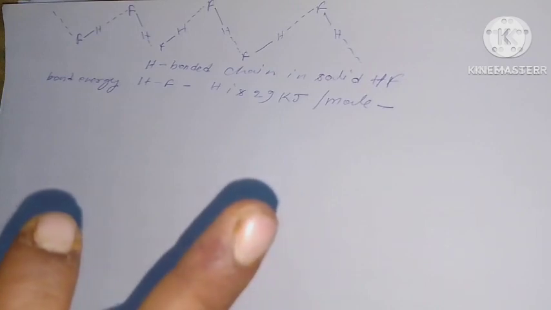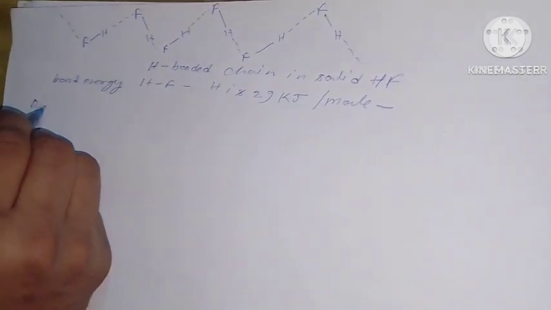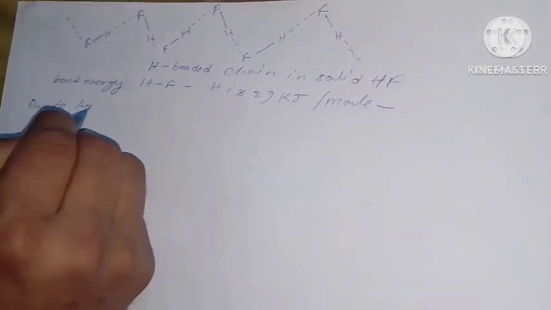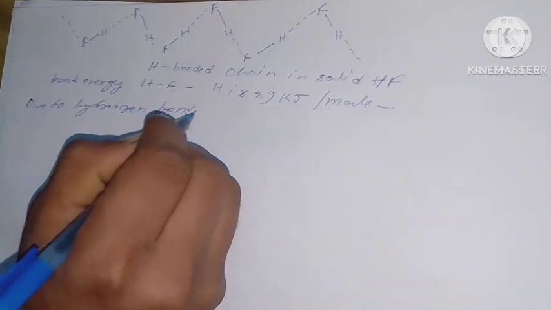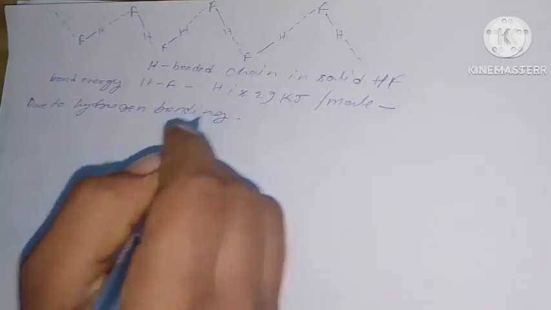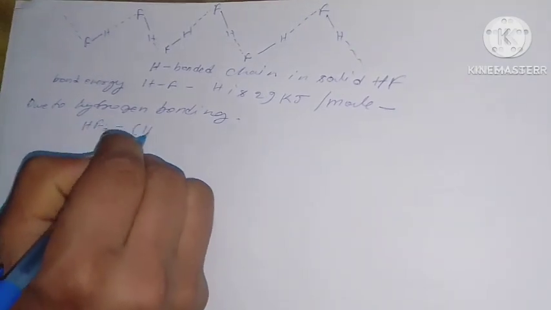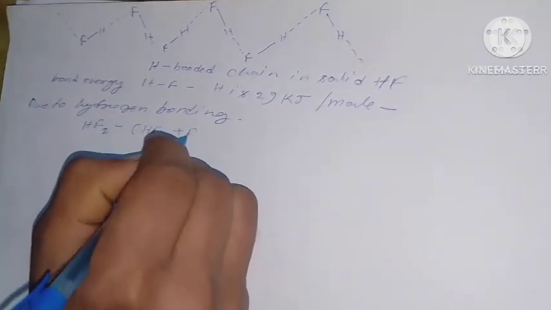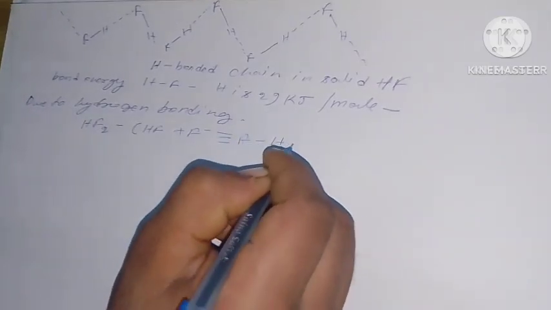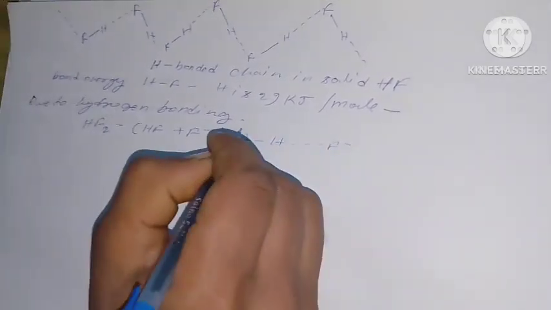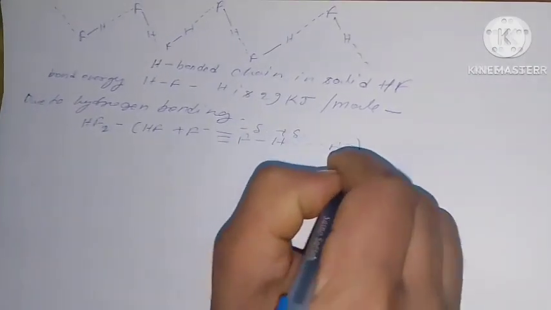Due to hydrogen bonding, HF2 negative exists, F delta minus, H delta plus, F delta minus.